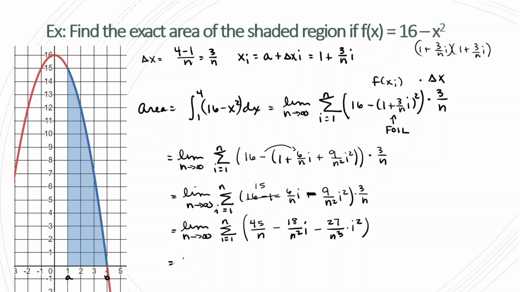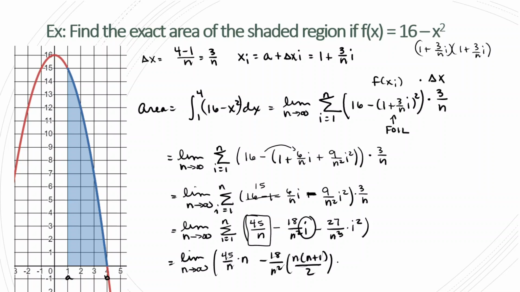Okay. Now we use our rules of summations. This first value here is a constant, so I'll have 45 over n times n. The second one, I'm using this value of i, which is n times n plus 1 over 2.